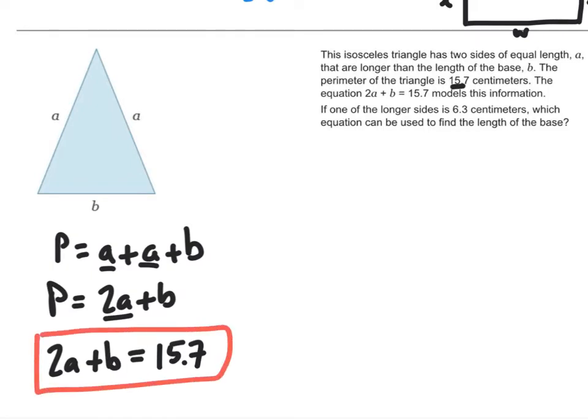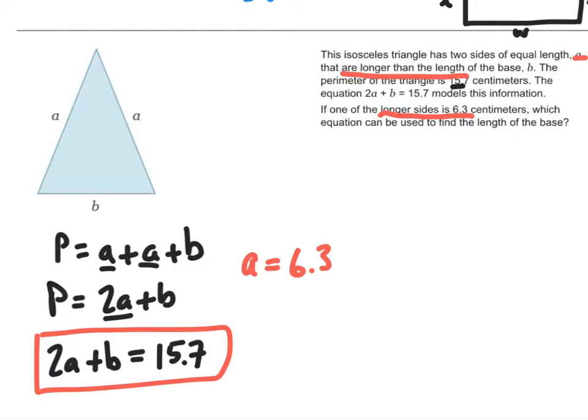And if it says the longer side is 6.3 centimeters, okay, it tells us that A is longer than the base. So I know this. When it says the longer side is 6.3, that tells me that A is equal to 6.3. Okay? And then it wants us to actually find the length of the base, right?